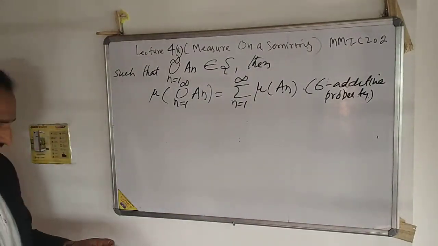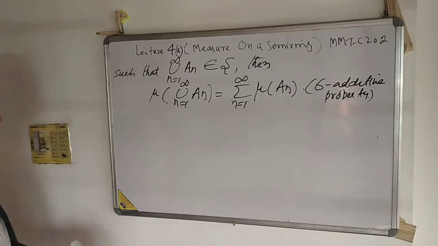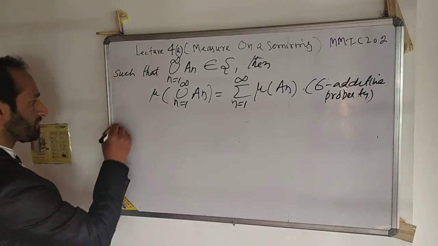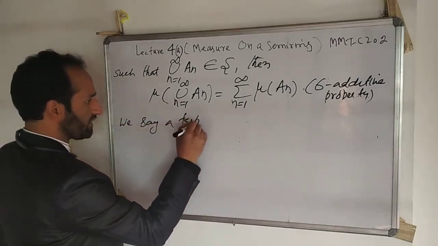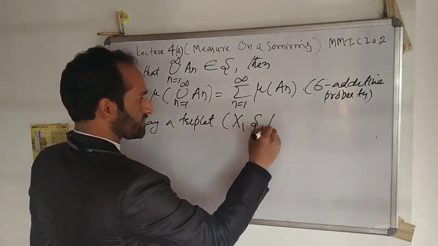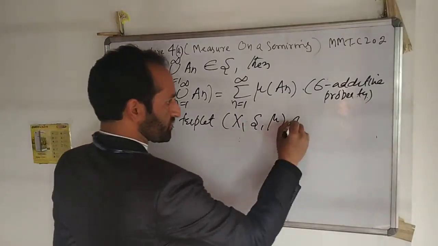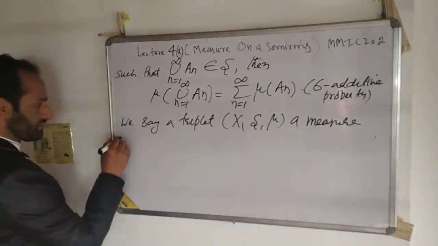Now if we say a triplet (X, S, mu), we call this triplet a measure space.